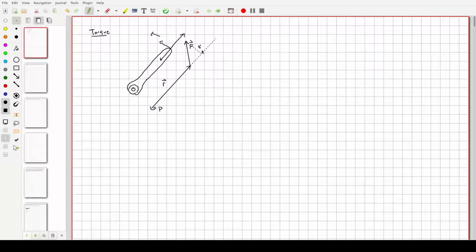And then you have the component that is perpendicular to, or orthogonal to, R. If you think of theta as the angle between the direction that R points and the direction that F points, this would be the sine part. So F sine theta is what causes the rotation.